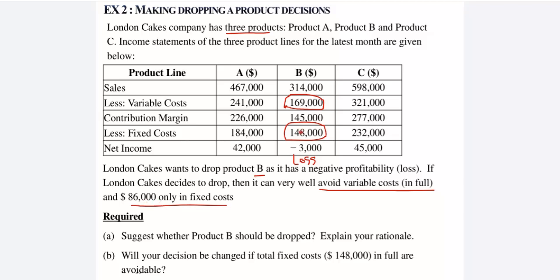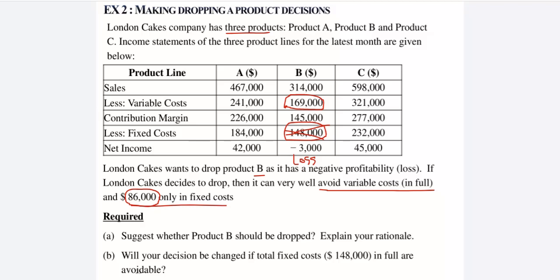This is the information. Okay? So what is the cost that I will be able to save or avoid? The variable cost in full, and also how much? $86,000 in fixed cost. Very good. Let's see the requirements. Requirement, first one.